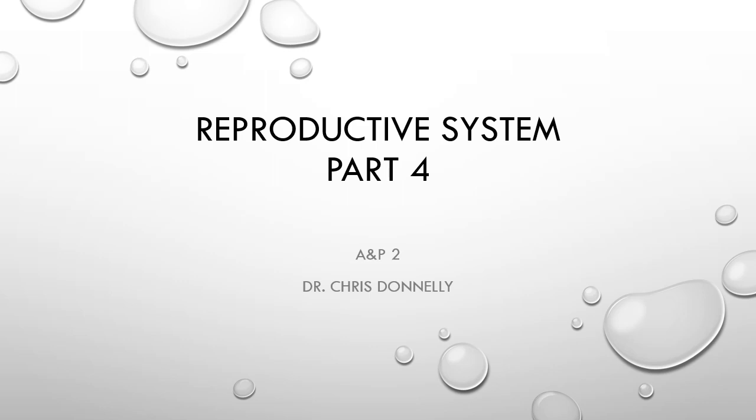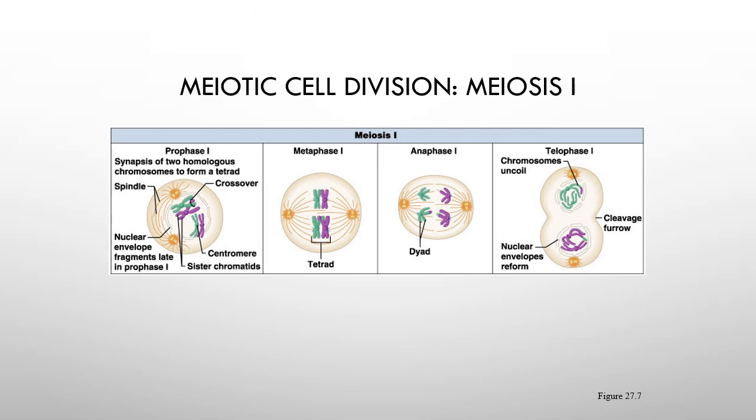Gonna finish up some loose ends here in reproductive, spermiogenesis, meiosis, fertilization, and kind of wrap things up. So meiosis for both the gametes, both our oocytes and our spermatocytes, go through meiosis.